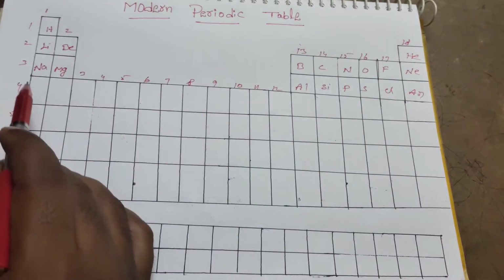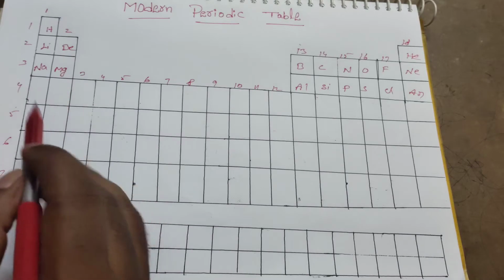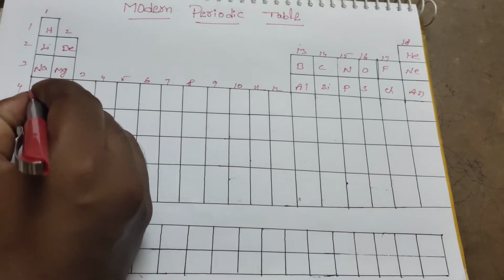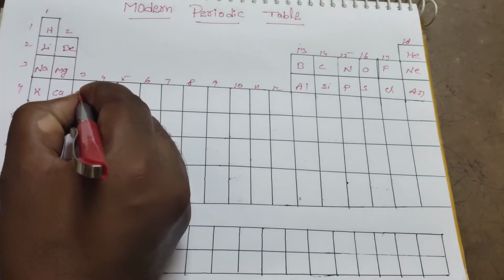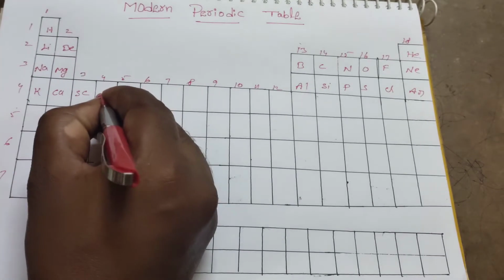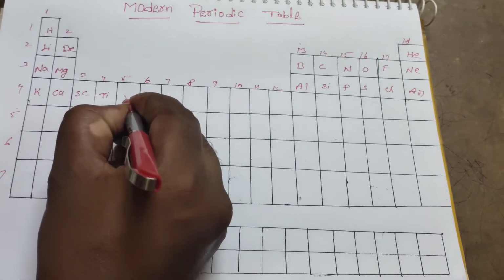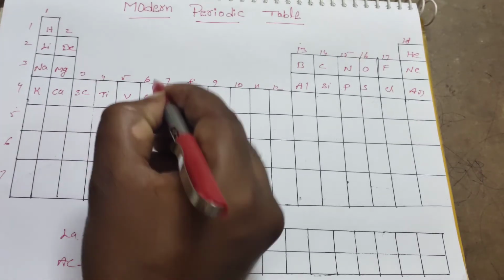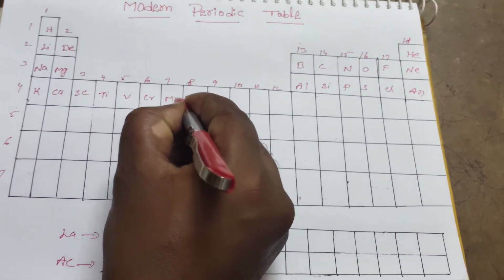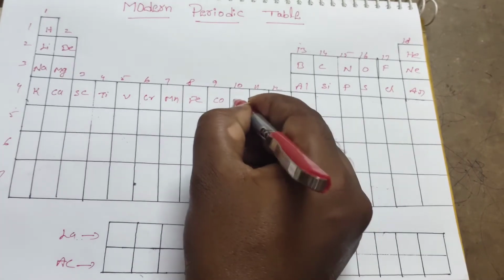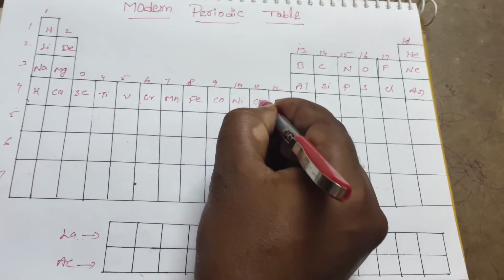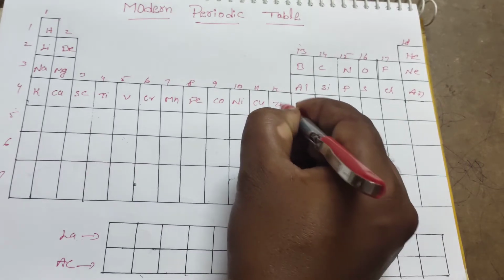The fourth period contains 18 elements. The starting element is potassium, calcium, scandium, titanium, vanadium, chromium, manganese, iron, cobalt, nickel, copper, zinc.